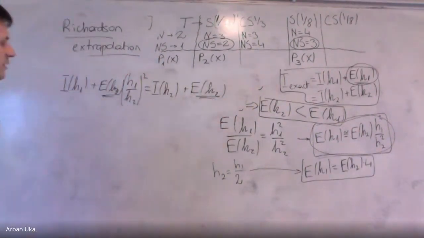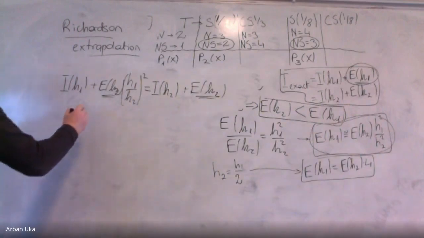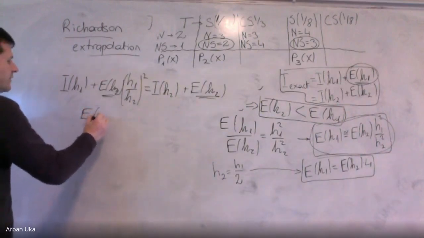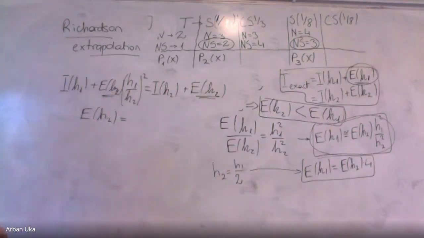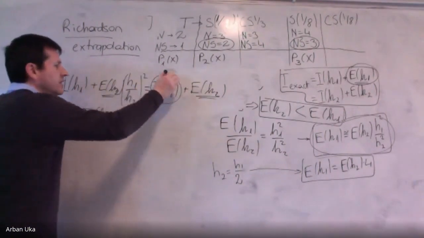So we took out one of the expressions, and now what we can do here is that we can monitor how the error of H2 depends as a function of the two approximated values of the integral itself.